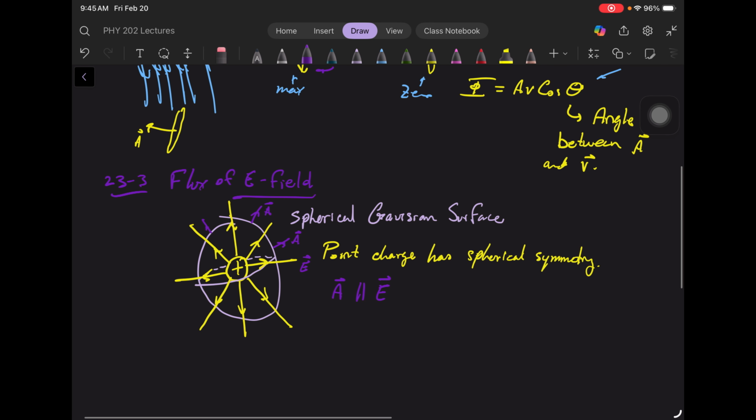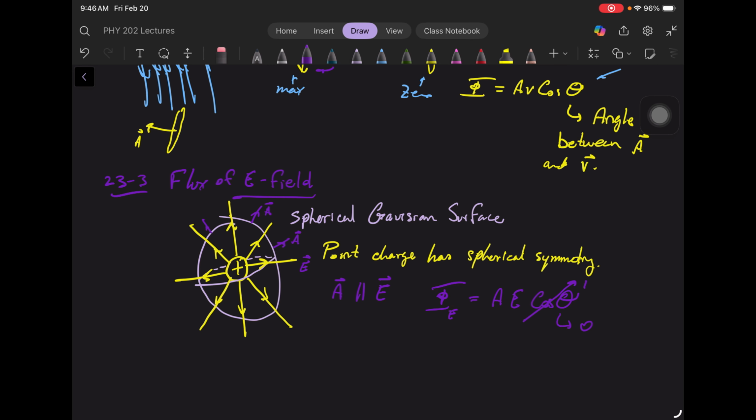And so what's going to happen is, the electric flux is A E cosine theta, right? Well, theta is going to be 0 everywhere. And so cosine theta is going to be 1 everywhere.